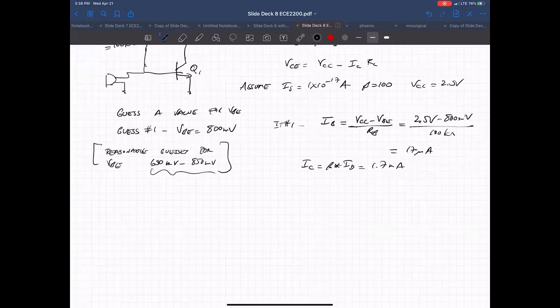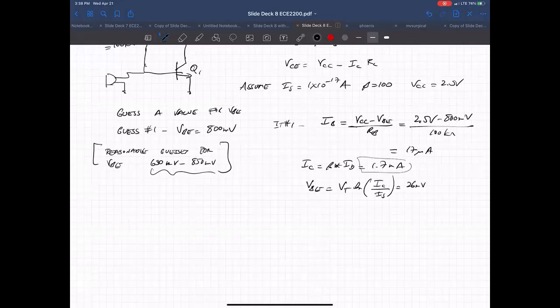So that's V sub T natural log of IC over I sub S, 1.7 milliamps over 1 times 10 to the minus 17 amps. And that ends up being 850 millivolts.